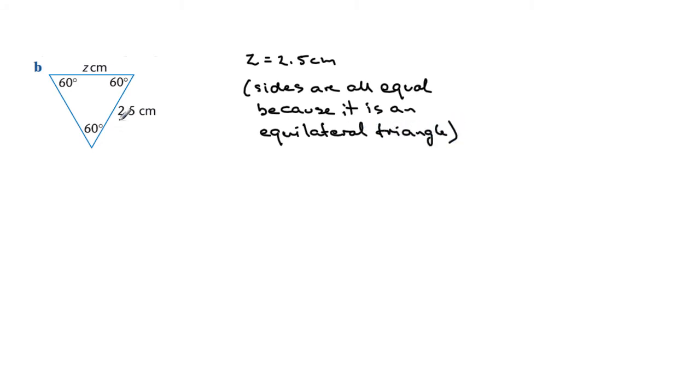Now we know this because the angles of an equilateral triangle are all equal, and they all equal 60 degrees. So we now know that z is 2.5 centimetres, and so is this side over here. So we can actually mark all these in as being equal.